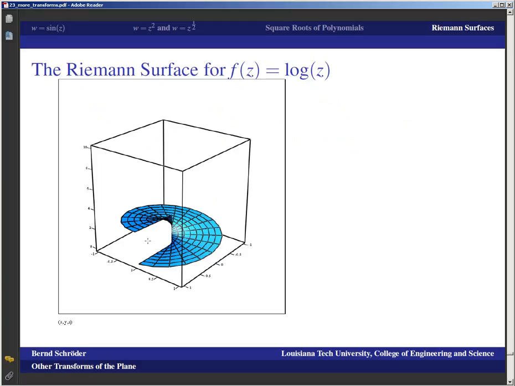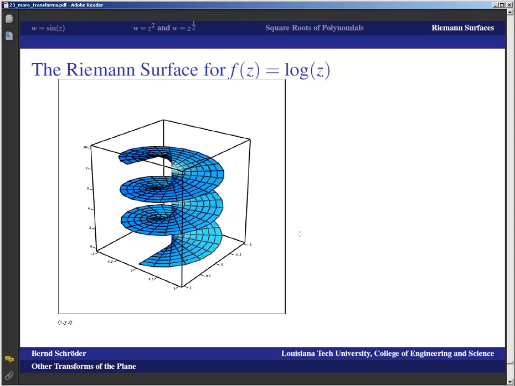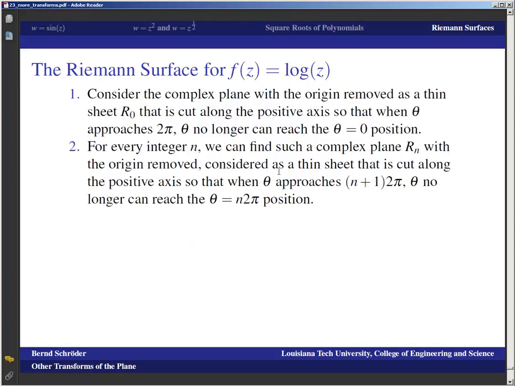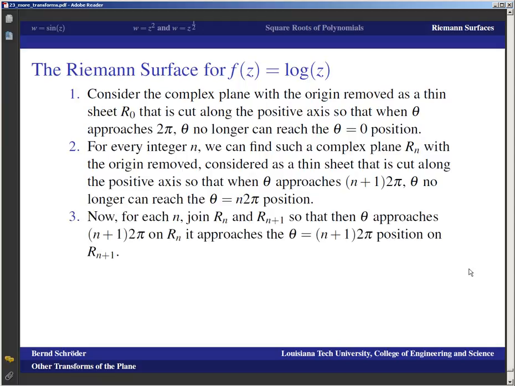You cut it, you push it up so that as theta approaches 2 pi, you no longer get near theta equals 0. Okay, and now for every integer n, we can find such a complex plane Rn with the origin removed, consider it as a thin sheet that is cut along the positive axis, so that when theta approaches (n plus 1) times 2 pi, theta no longer can reach the n times 2 pi position. That's all those other sheets that we attached in this animation on the previous panel.